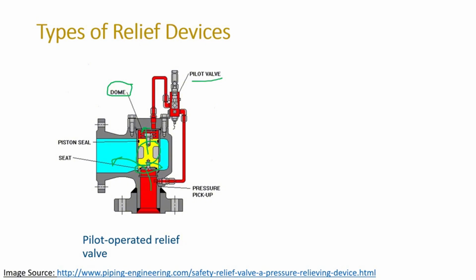On the disadvantages side, the pilot, as we can see up over here, is susceptible to plugging, and there's also a limited amount of chemicals and temperature conditions that can be used due to these O-rings, these piston seals over here, that would limit, again, what this can be exposed to.